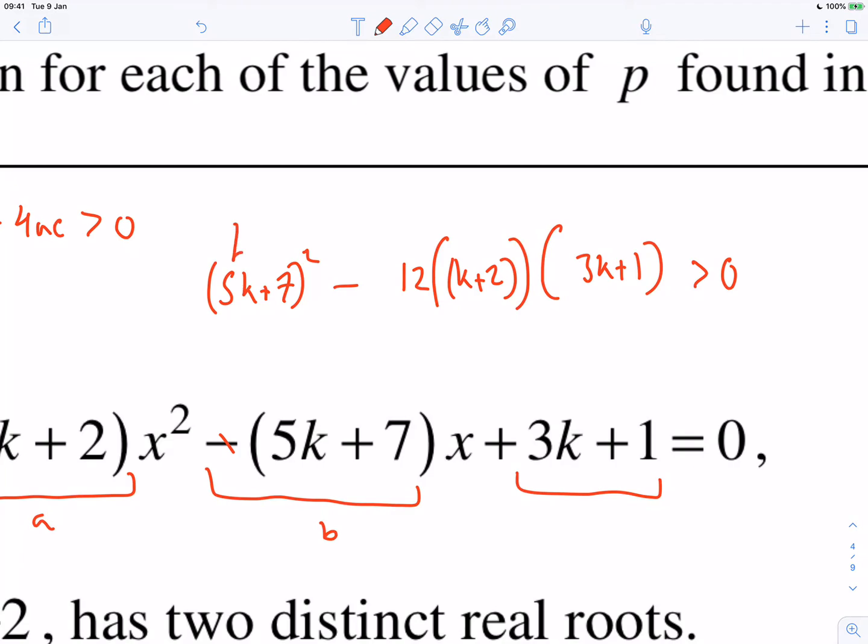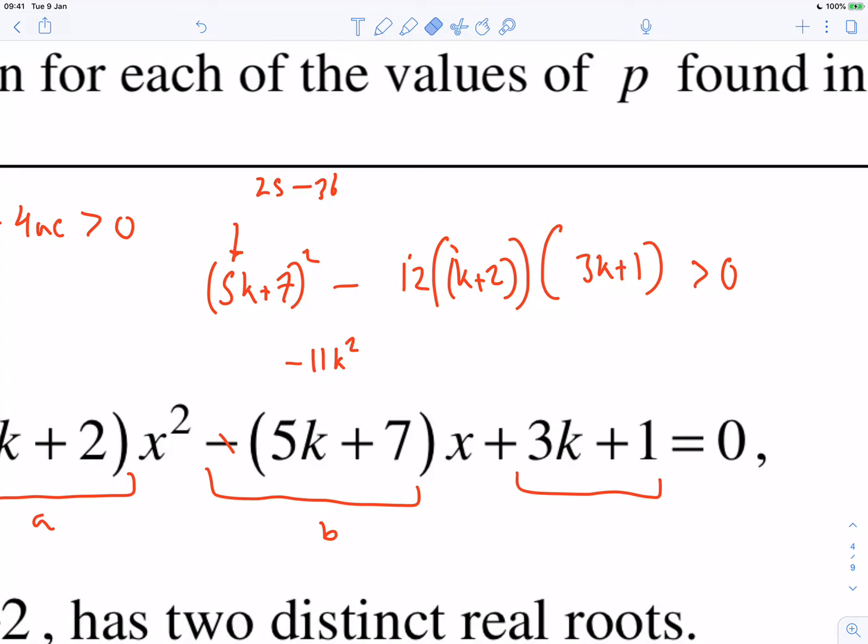So if I look at the k squared terms, I'm going to have 5k times 5k, which is 25, but then I'm going to minus 12k times 3k, where the k squared is going to be, so it's going to be minus 36k squared. So this is actually going to be minus 9. Is that right? Oh, you silly boy, it's minus 11, isn't it? Minus 11k squared. Yes. Okay.